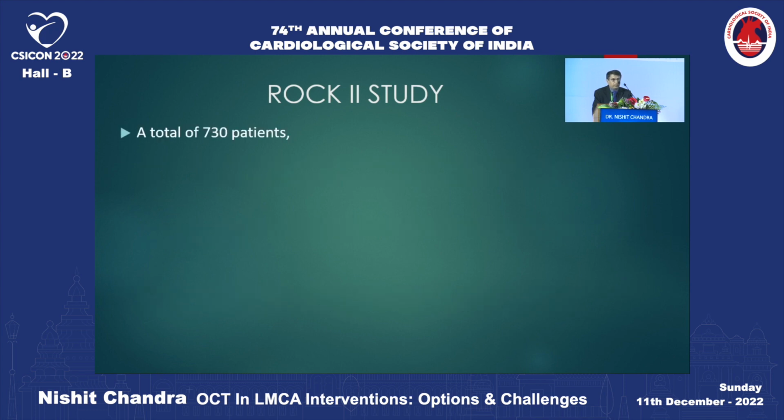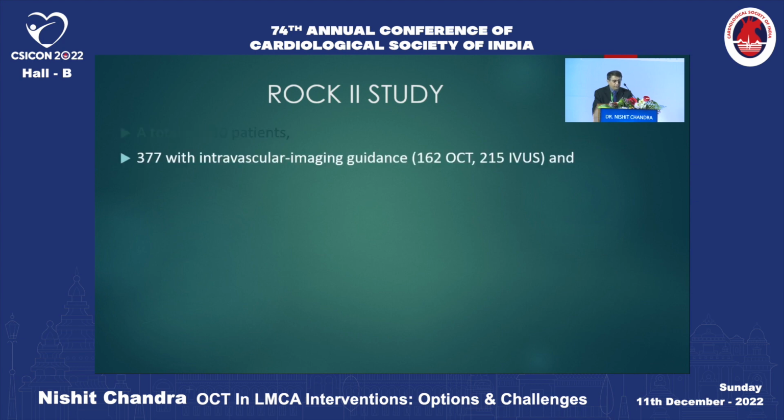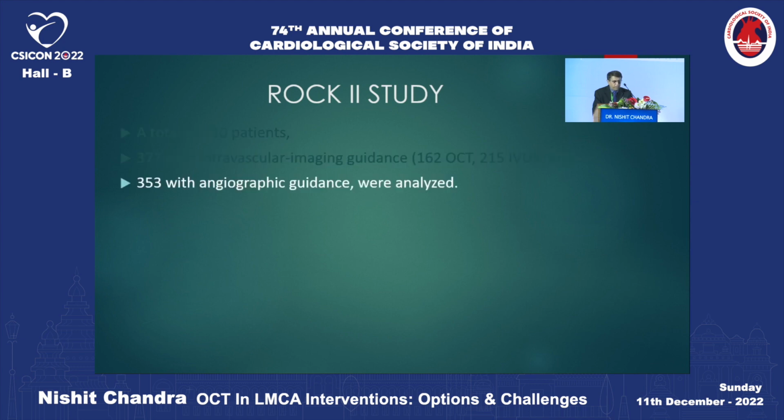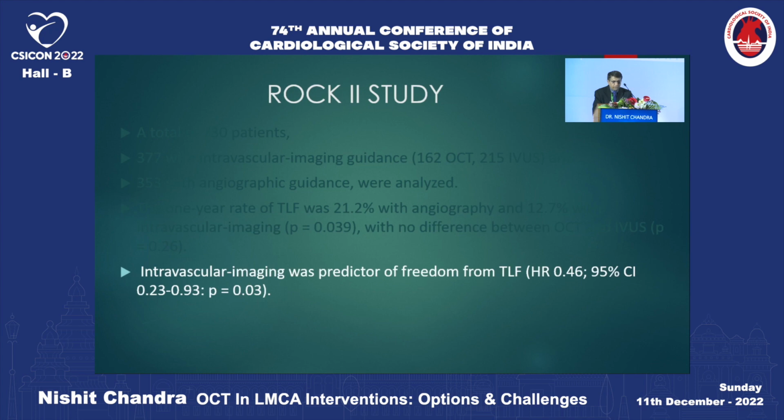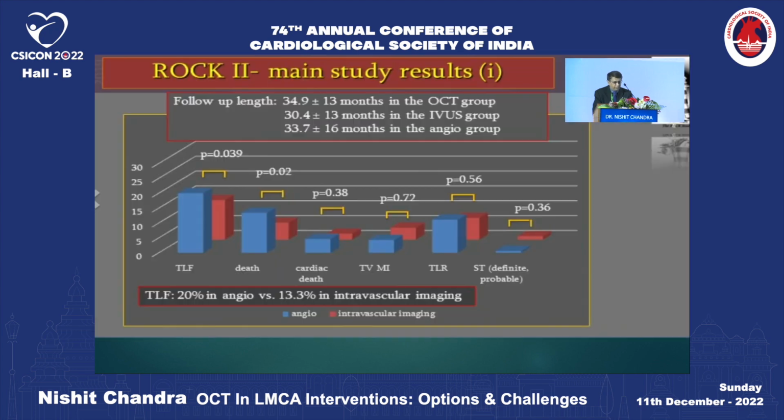730 patients were included, half in the imaging group and half in the angiographic group. They found that the 1-year target lesion failure was substantially better in the imaging arm than in the angiographic arm. There was no difference between OCT and IVUS.